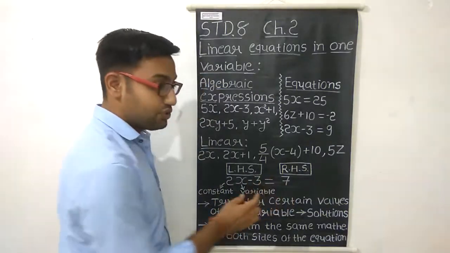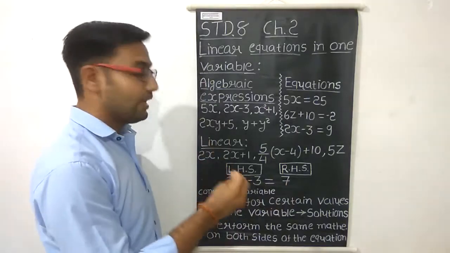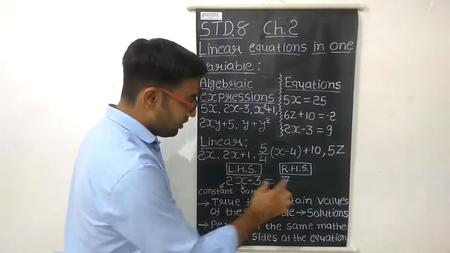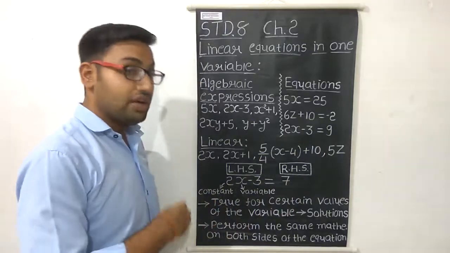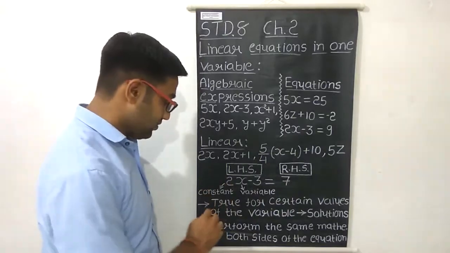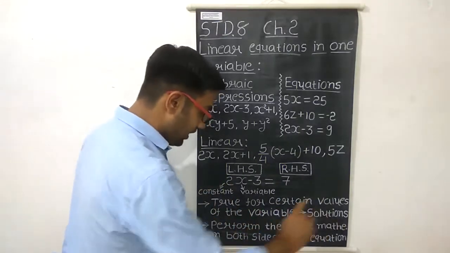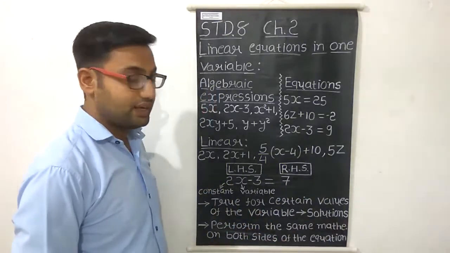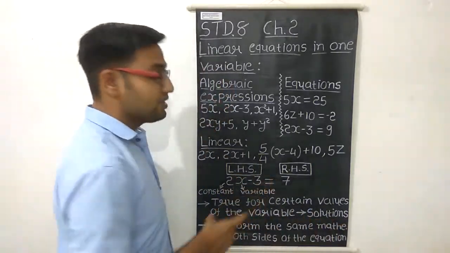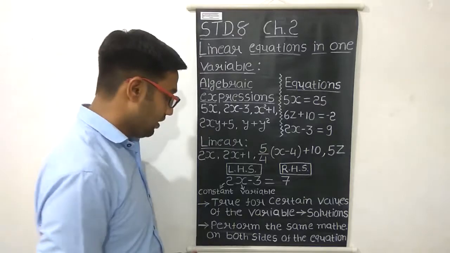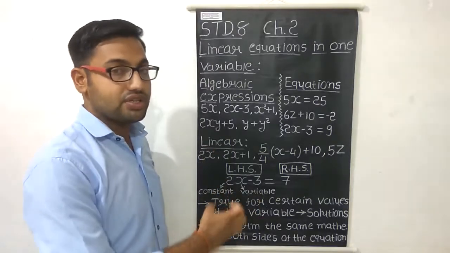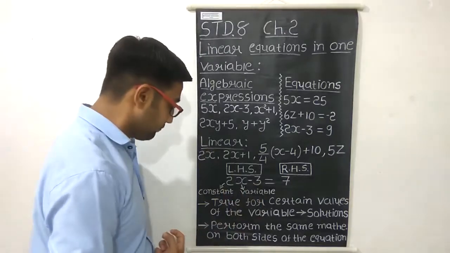This equation is balanced for some particular value, either 1 or 2, right? The equation will be satisfied, but for other values of x, it will not be satisfied. That is why it is said that it holds for certain values of the variable, and those values are called the solution of this equation. How to find that certain value of x, we will study in the next lecture.